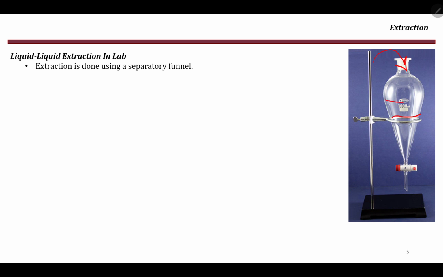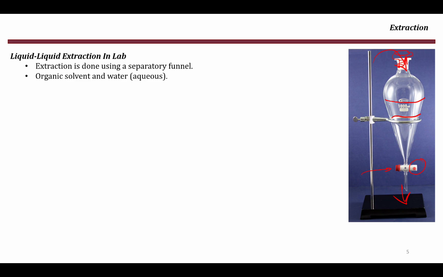And whenever you are done adding the solvents, you just have to close it. Okay, and whenever you want to drain your compounds or your solvents, you have to open this tap and the solvent will go down. Of course, you have to drain it in an Erlenmeyer flask or a beaker.